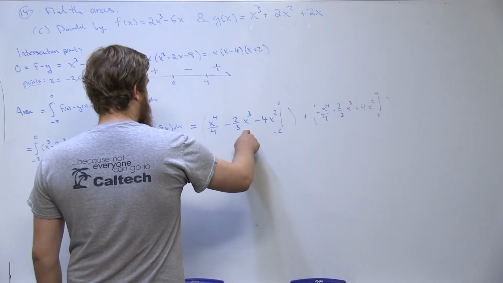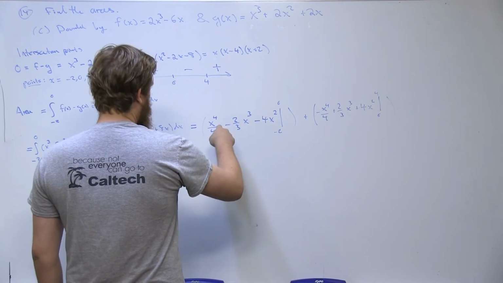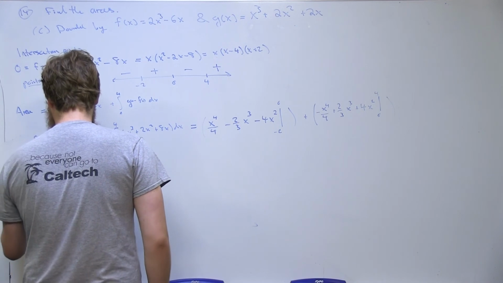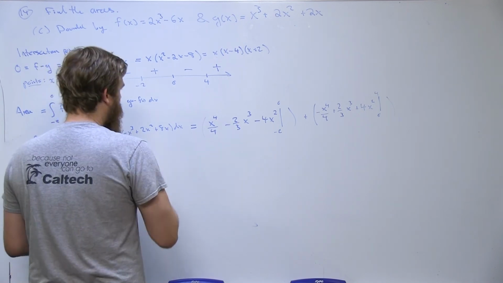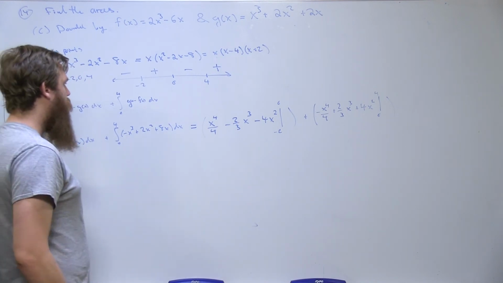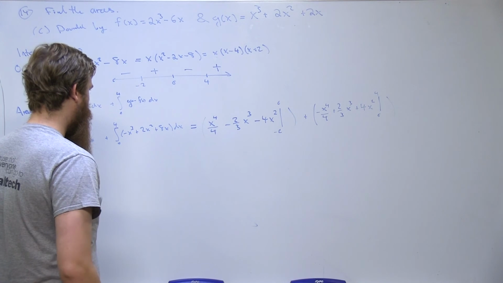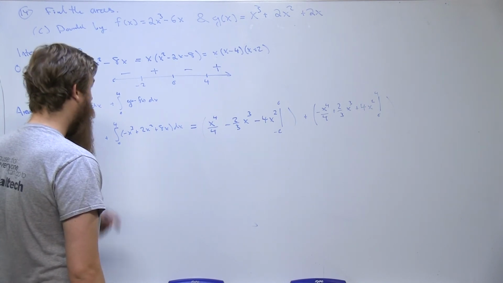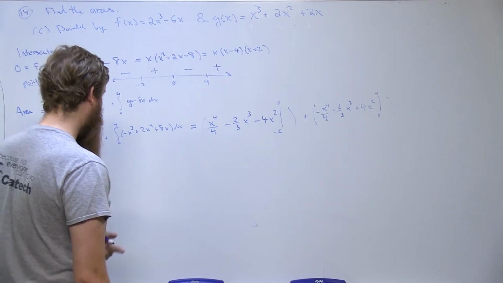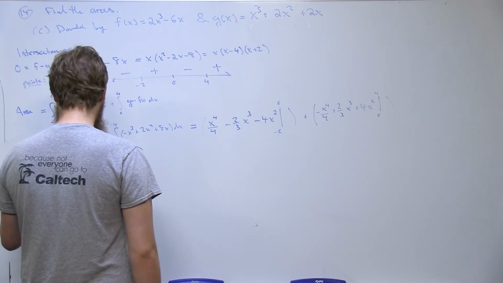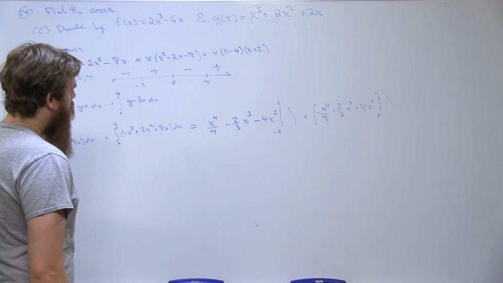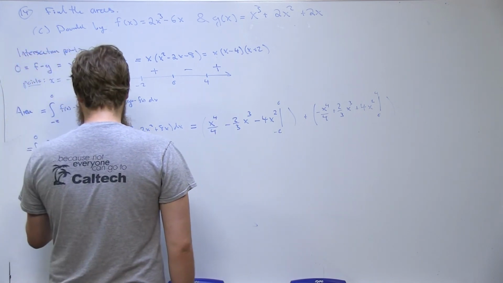If I plug 0 in here, I get 0, right? Because each of those is 0. So this first piece is 0 minus. Now what do I get if I plug in -2? I'll have -2 to the 4th over 4, which is the same as 2 to the 4th over 4. It's just that 2 to the 4th is 16 divided by 4 is 4, right? Then I'll have minus 2/3 times -2 cubed.